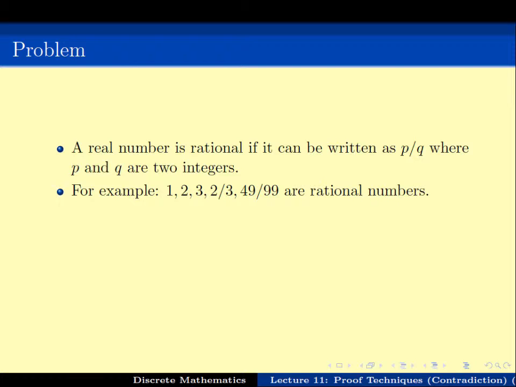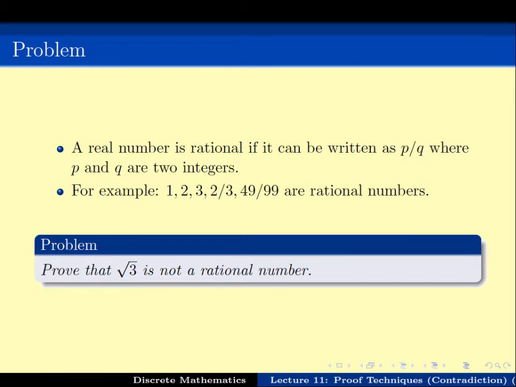For example, 1, 2, 3, all of them can be written as 1 by 1, 2 by 1, or 3 by 1, and 2 by 3, 49 by 99, and so on and so forth. The question is, can you prove that square root 3 is not a rational number? Namely, square root 3 cannot be written as p by q, a ratio of two integers.